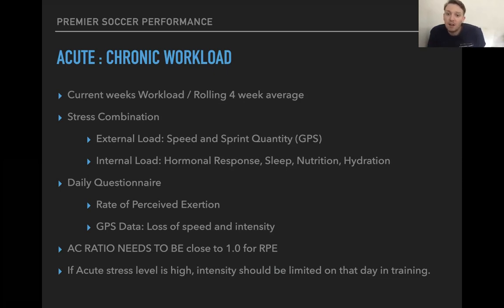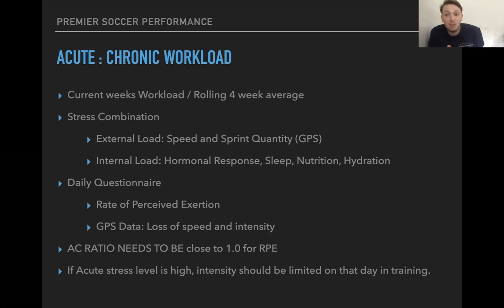This week, on average, how many hours did you sleep per night? On average, what percentage of your nutrition habits did you complete this week? On average, how many glasses of water do you drink per day this week?